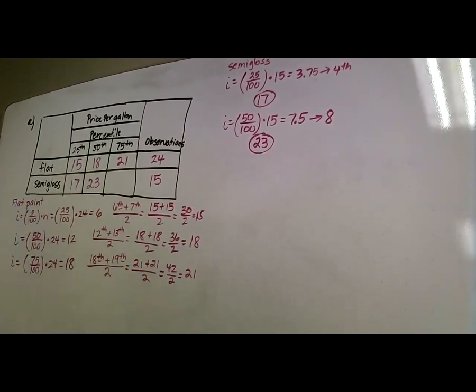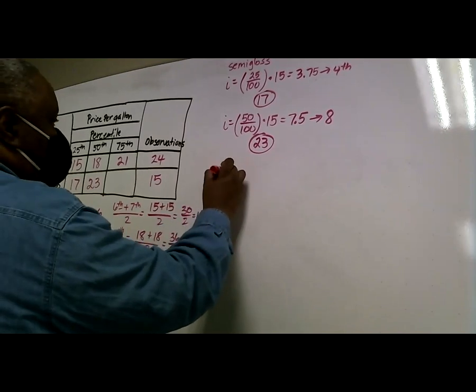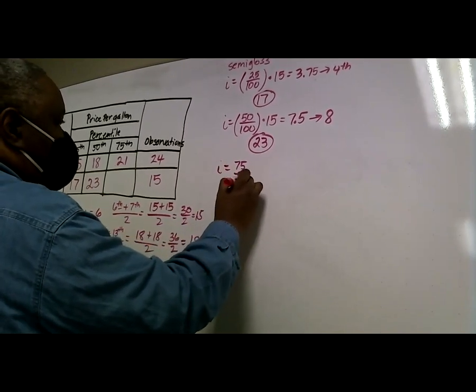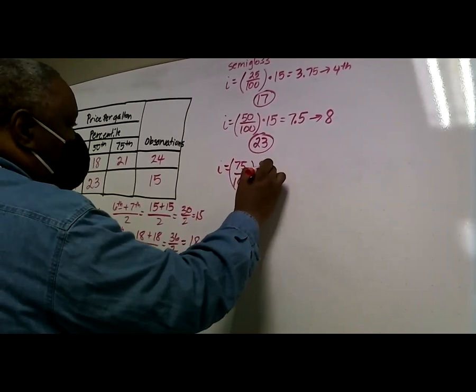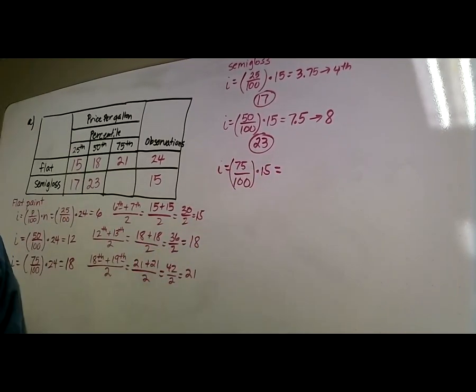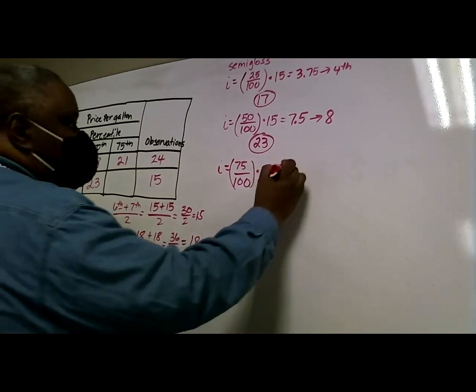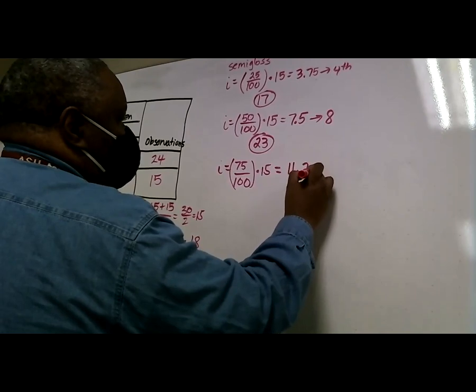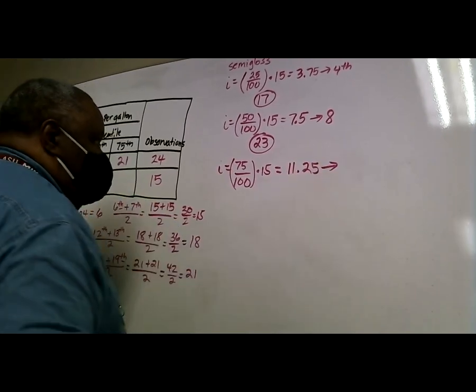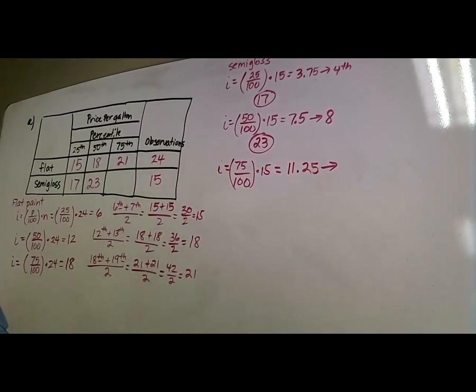Okay. And then for the 75th percentile, that's I is equal to 75 over 100 times 15. Because I know that's 3/4 times 15.